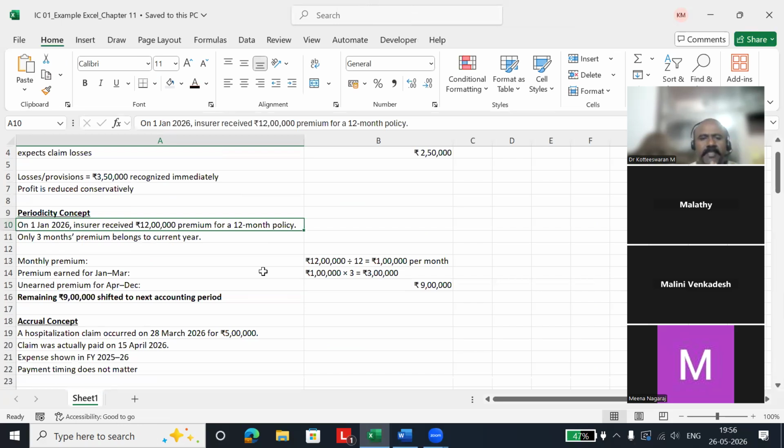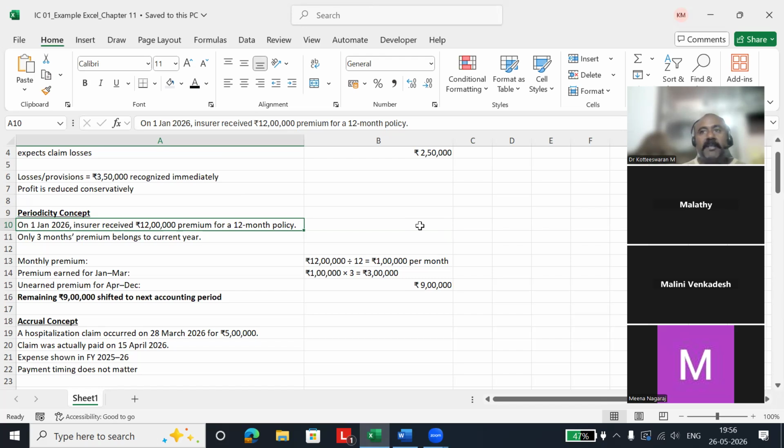A premium is paid for 12 months. 12 lakh rupees premium is paid for 12 months, from March to December. In this, the first 3 months, when I am doing the accounting in April, are already expired. That is called expired risk. The next 9 months, which is going to come after that, is called unexpired risk.